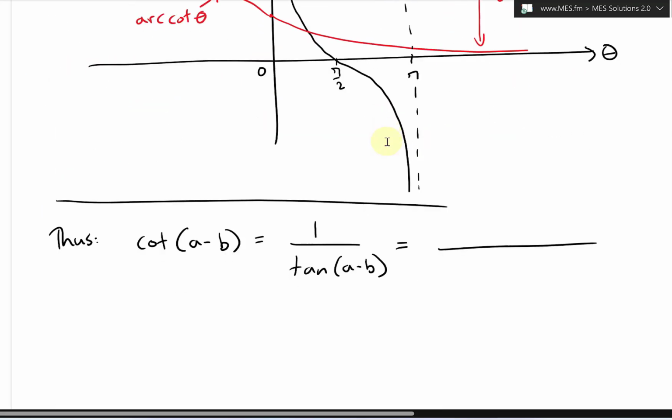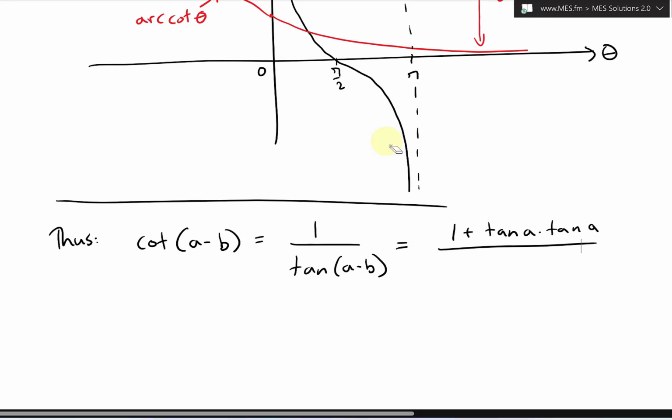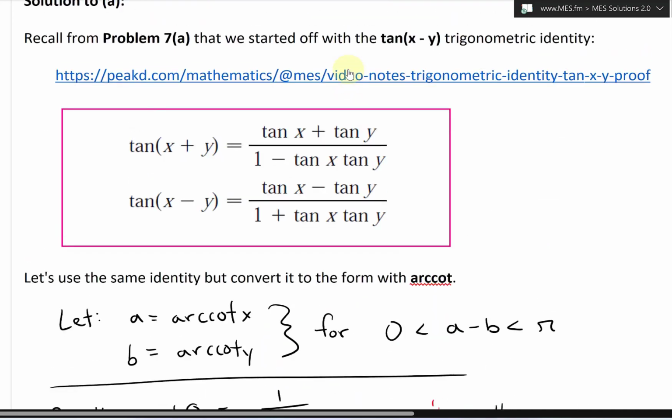So this equals 1 plus tan a times tan b, which was originally the bottom, divided by, actually no, we got that mixed up, it's tan a minus tan b, as you can see here.